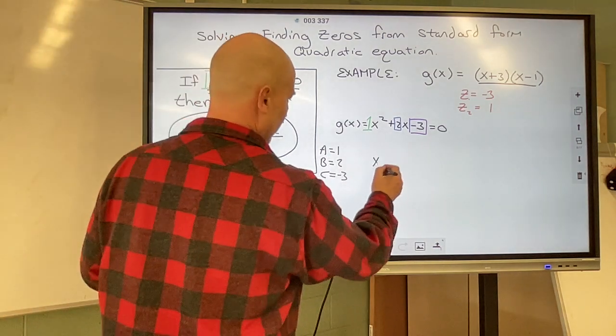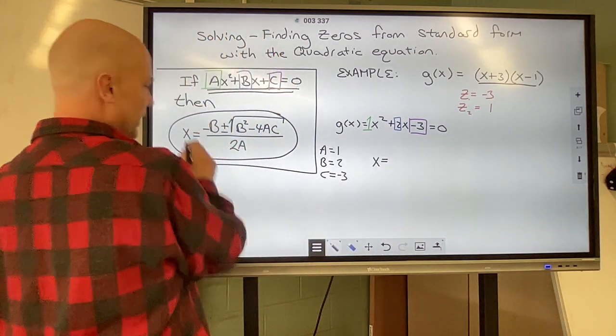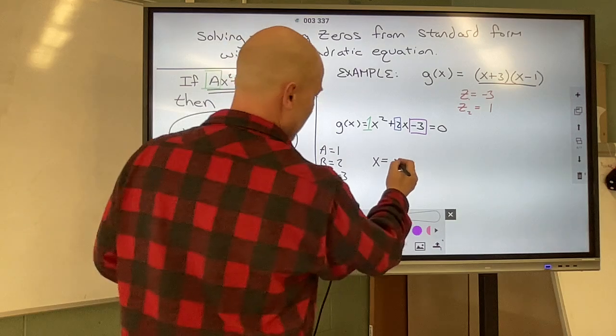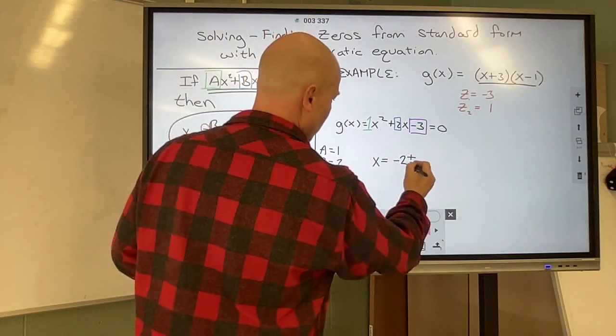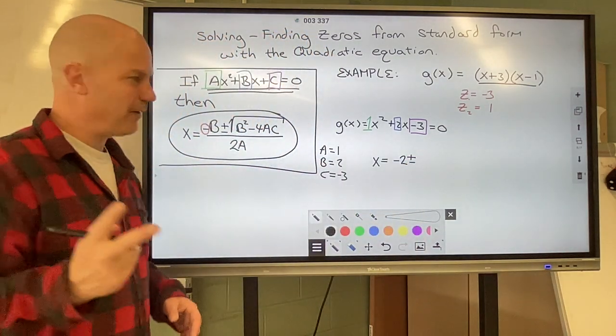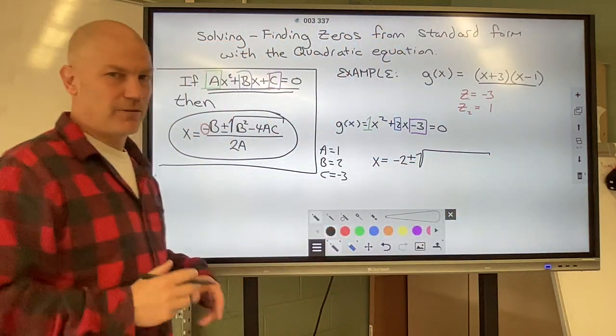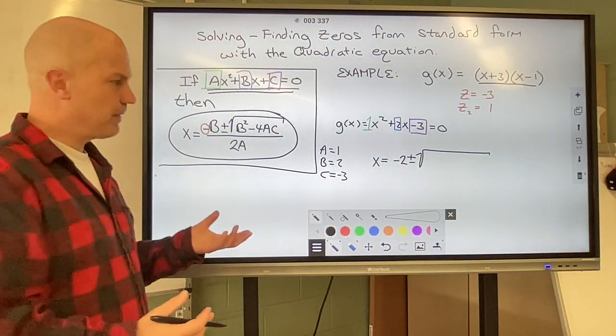So I know that x equals the opposite of b, right? This is the opposite of b, so it's going to be -2 plus or minus, because it's two answers often, plus or minus radical. And I don't like to simplify first. I want to do all my plugging in and then my simplification.